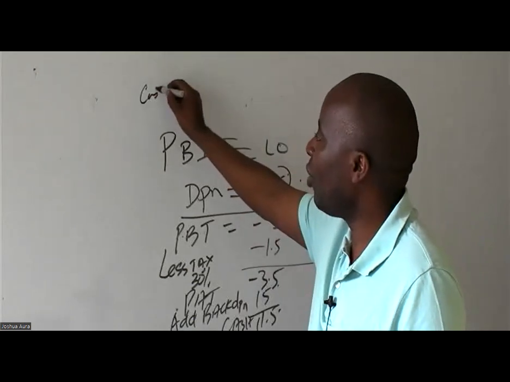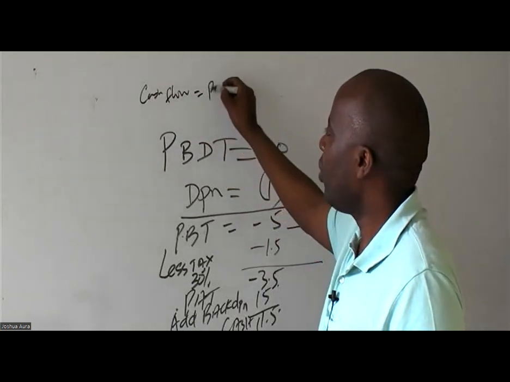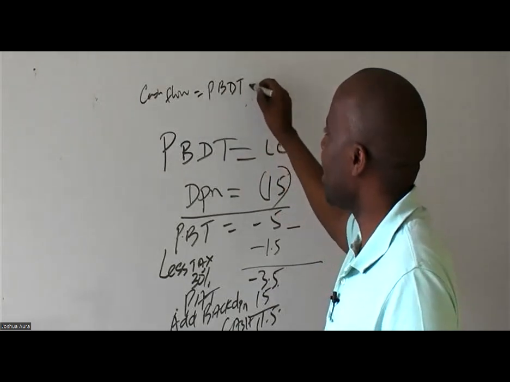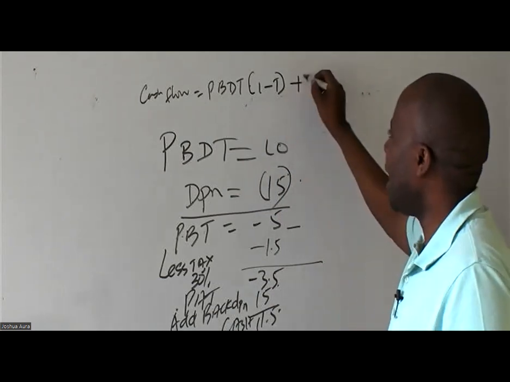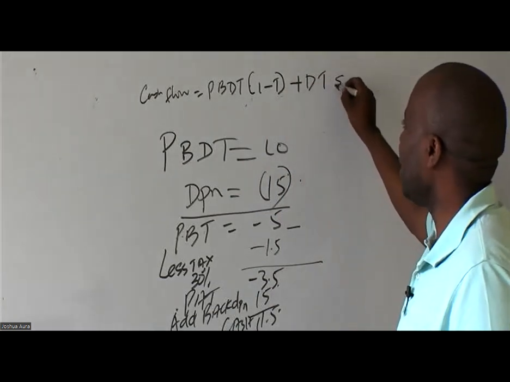We can just say cash flow equals profit before depreciation and tax, less tax, and then you add a depreciation tax shield.